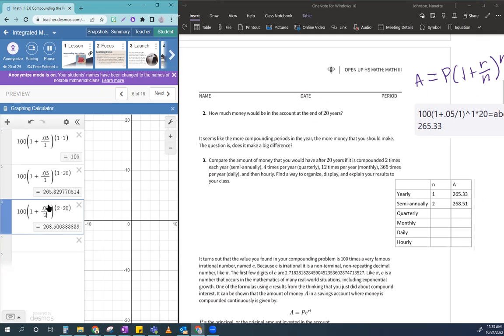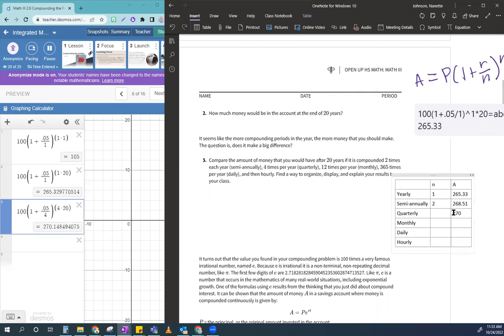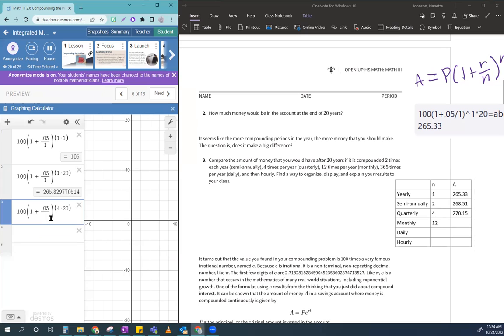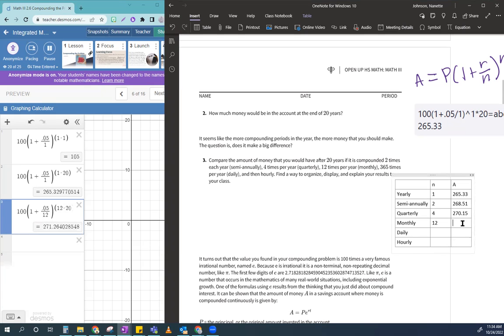Okay, I'm going to change it again to 4 and to 4 here. And that's $270.15. That's 4. This is going to be 12. So again, I'm going to change this to 12 and 12. And that's $271.26. I'm just rounding.